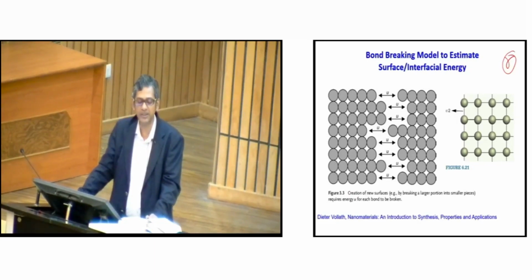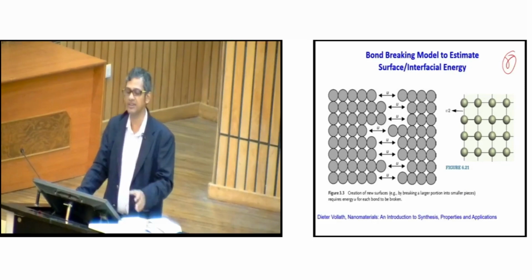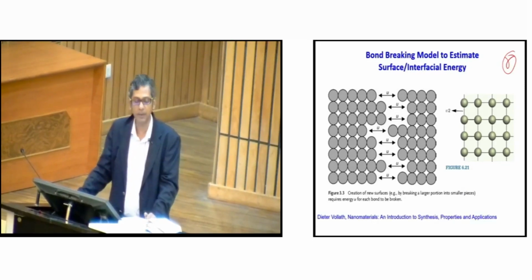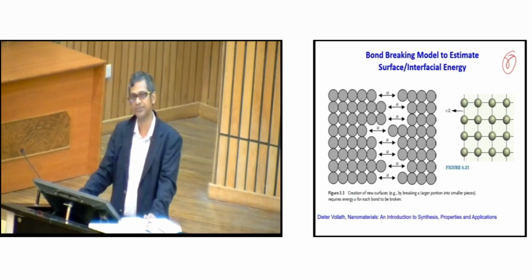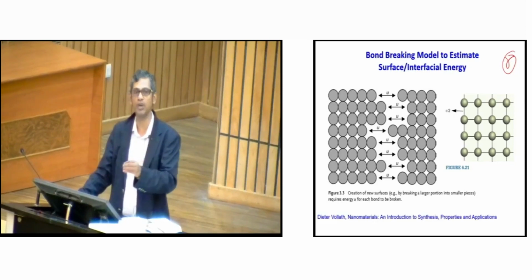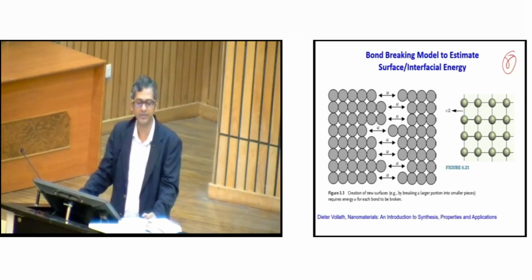The origin of surface energies can be explained by considering a model in which particles are produced by breaking a large solid into small pieces. In order to achieve this, it is necessary to cut the bonds between neighboring atoms. That is very important. You have to cut the bonds, because you are breaking a big particle into smaller ones, like taking a big chalk and breaking it into small pieces. So, you are breaking bonds, that is obvious.